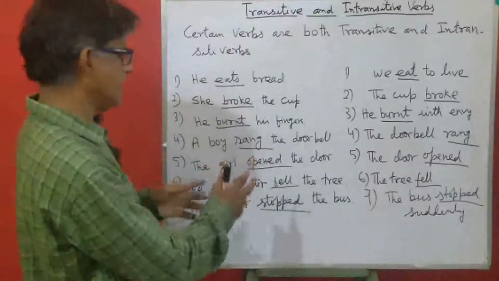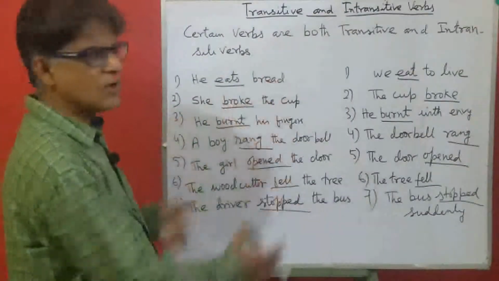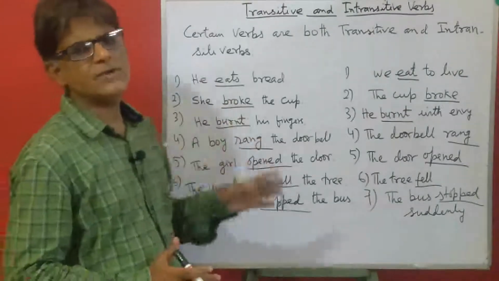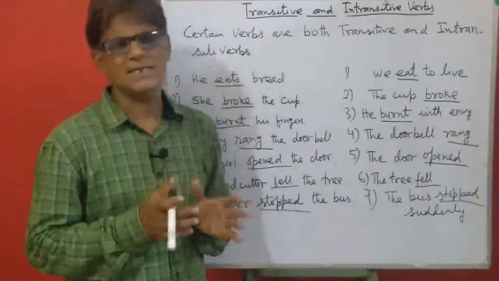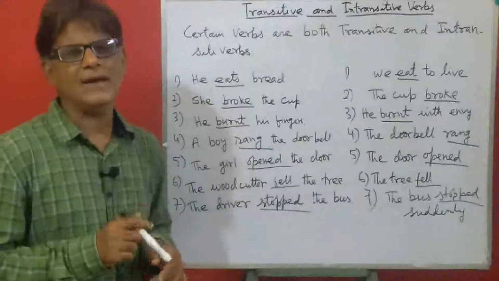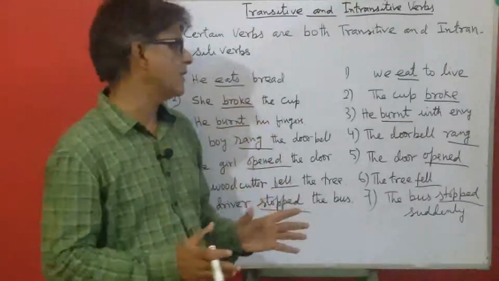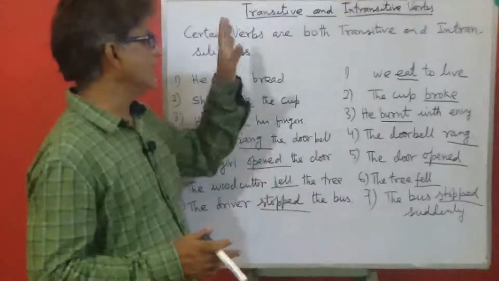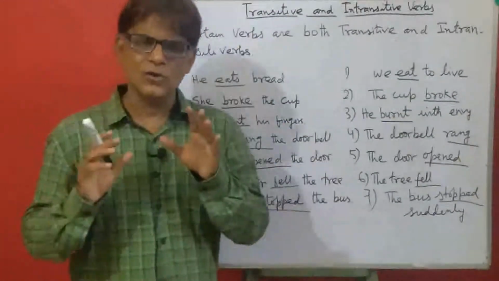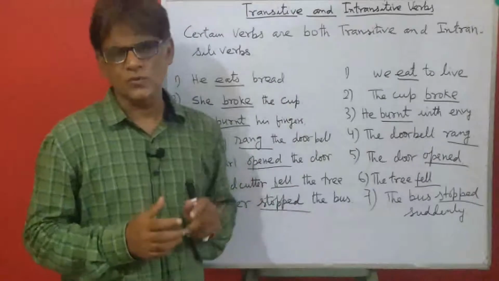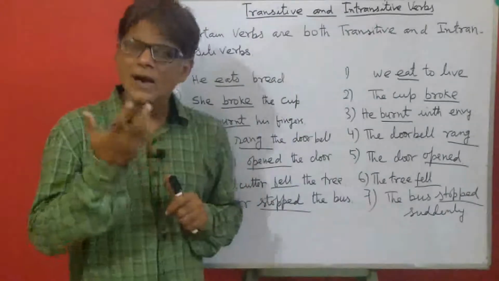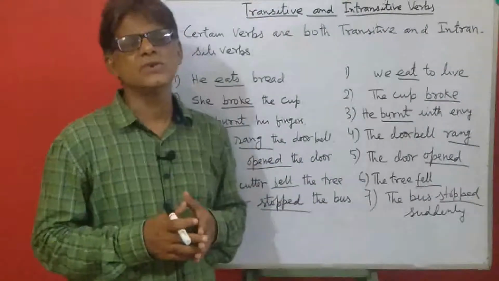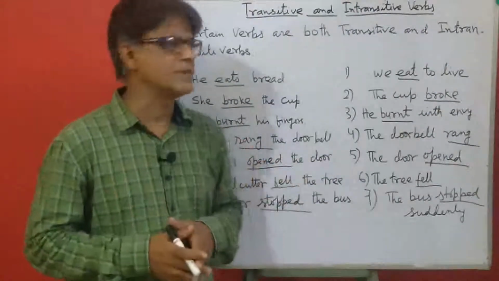So in these two sets of sentences, we see that one verb can be used both as an intransitive verb and a transitive verb. Overall, transitive verbs are those verbs which take an object, and an intransitive verb is one which does not take an object.